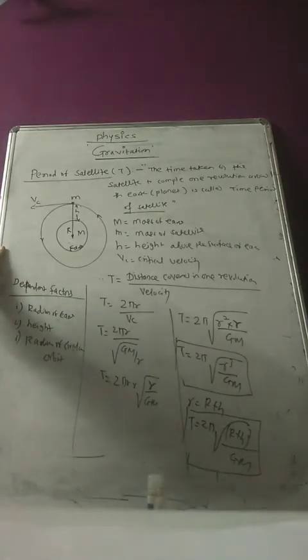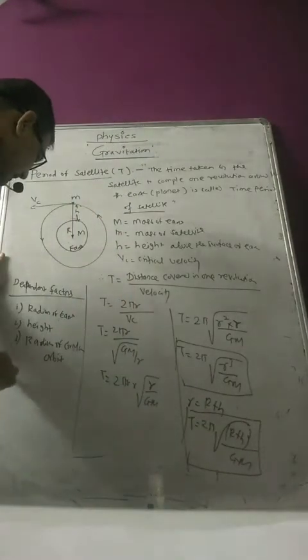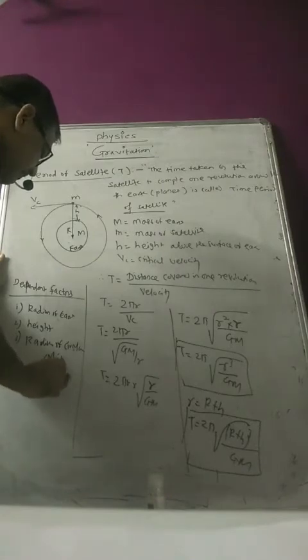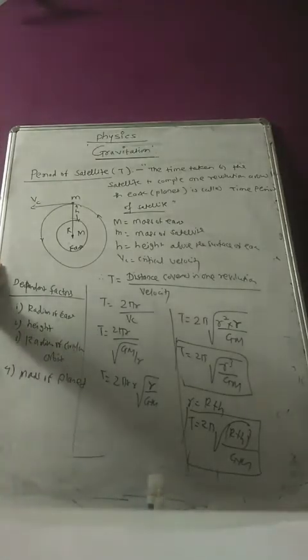ओके. मास ऑफ द प्लॅनेट अबाउट विच द सॅटेलाइट इज रिव्हॉल्विंग, म्हणजे एम, मास ऑफ द प्लॅनेट. हा जो एम आहे मुलांनो हा प्लॅनेटचा मास आहे. ओके, मास ऑफ प्लॅनेट याच्यावर तो डिपेंड्स करतो मुलांनो. Mass of the planet, radius of the planet, the radius of circular orbit, height of a satellite above the earth's surface.